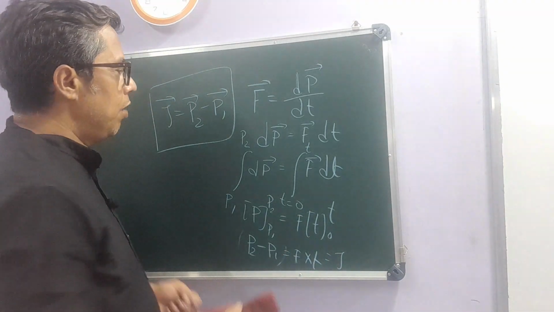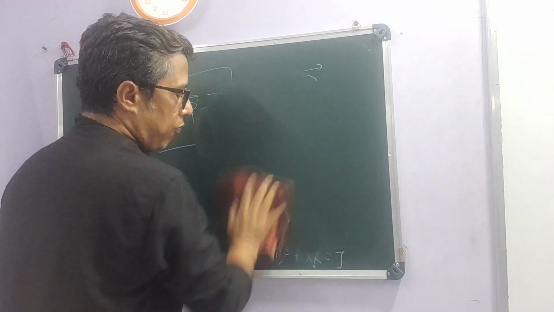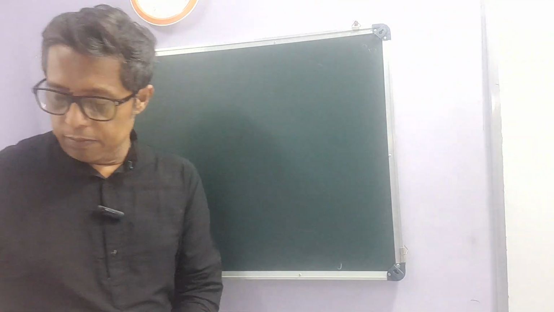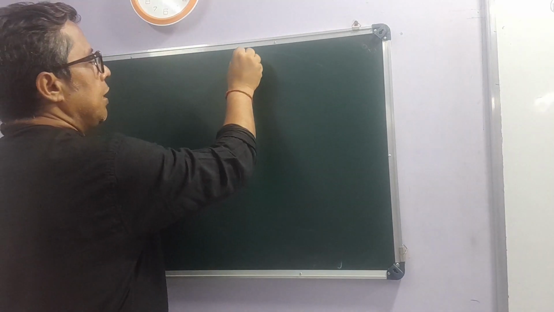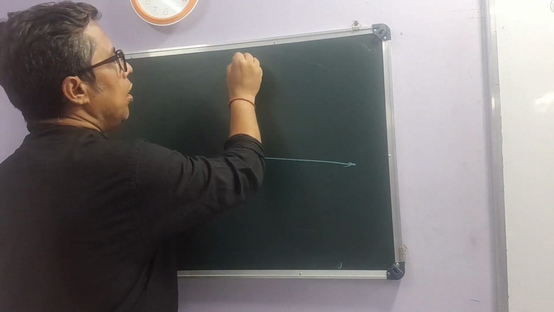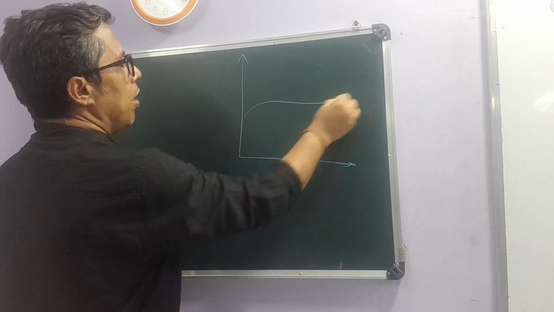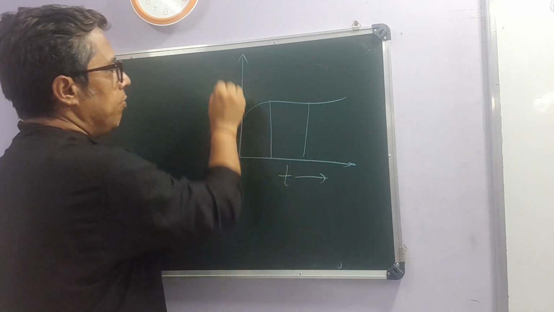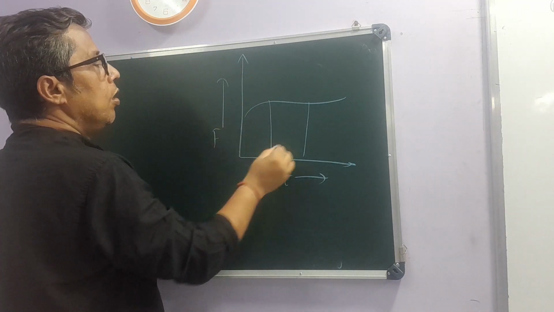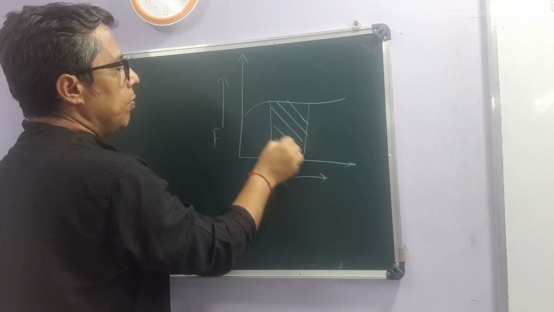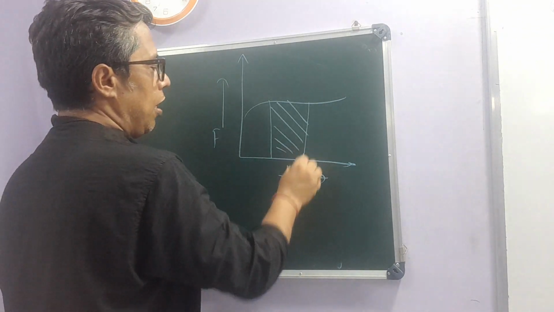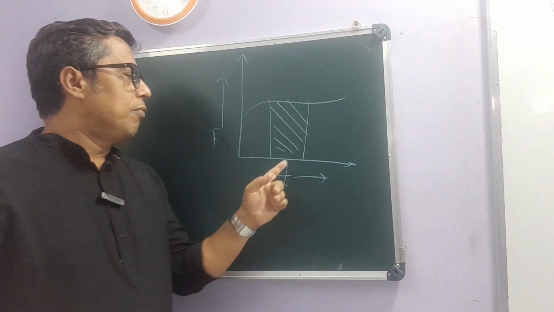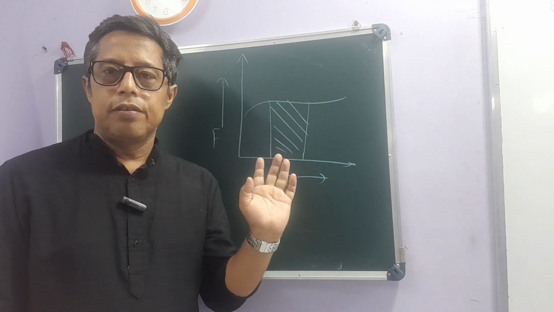Also there is a graphical representation: the force and time graph represents the impulse. If I have a graph where the x-axis is time and the y-axis is force, then this area will be the impulse. This is one more very important thing.